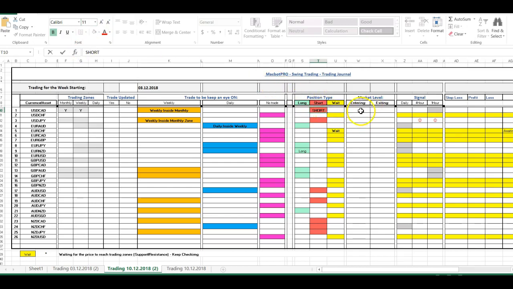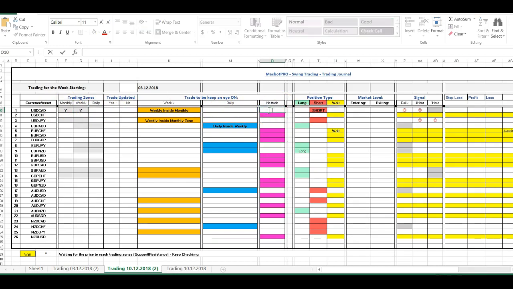Okay, entering. We have to wait for the entry signal, and the signals for this trade are going to be on the daily and on the 4 hour. That's what we're looking for. Stop loss. Now I'm going to go through the MacBot and have a look at this. That's all I'm filling in now. We are ready for a trading setup. Short.